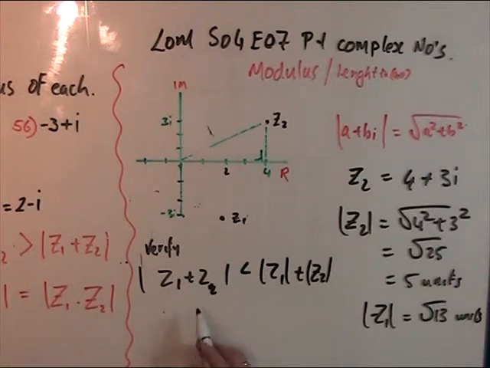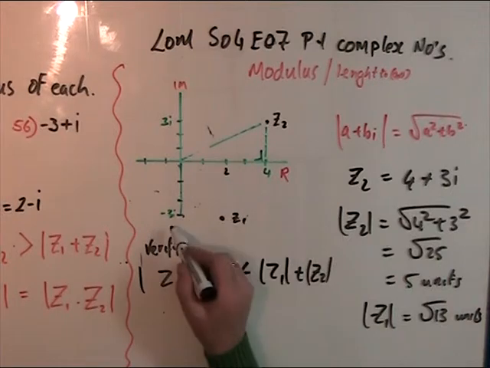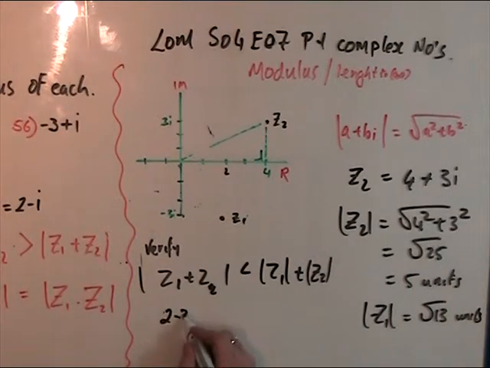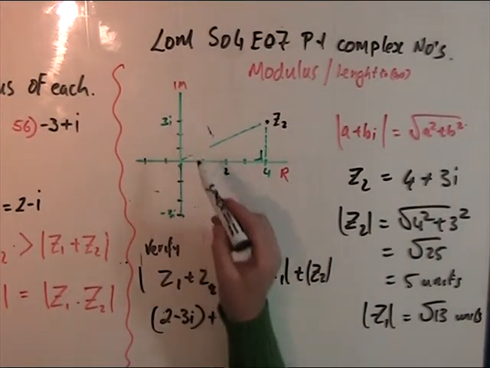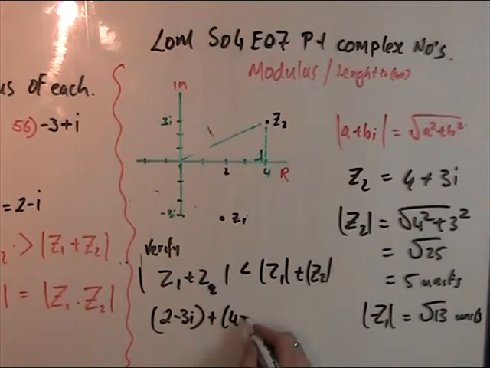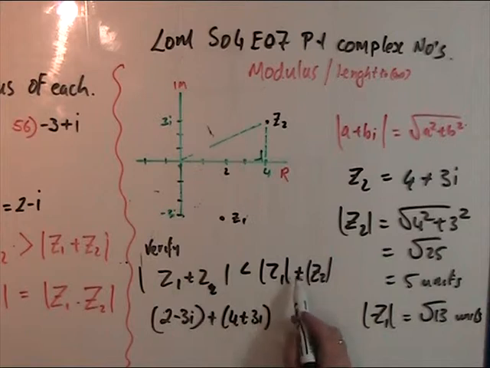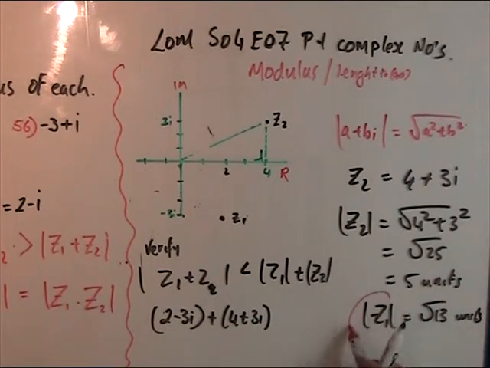You'd have to add Z1 and Z2, and then get the modulus of it. Z1 is 2 minus 3i, plus Z2, which is 4 plus 3i. And we know what these are, because we have already done these answers here.